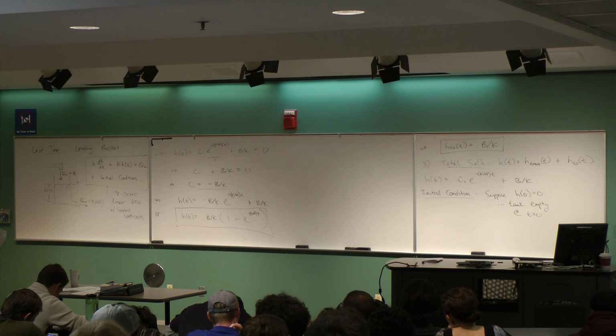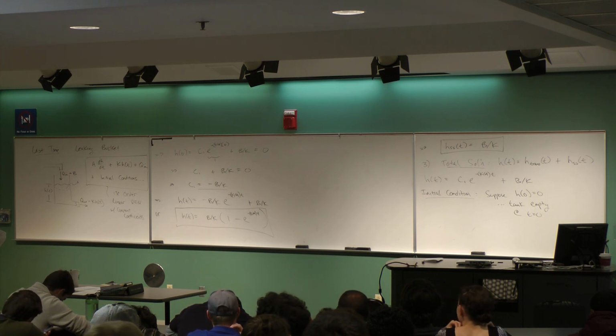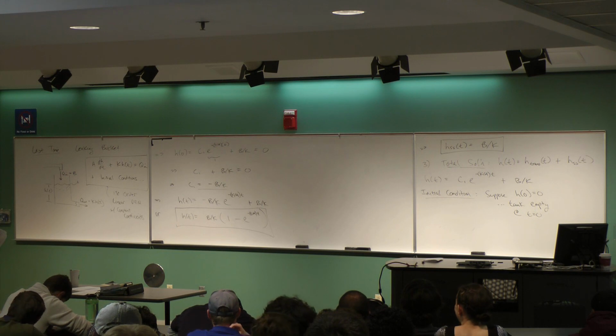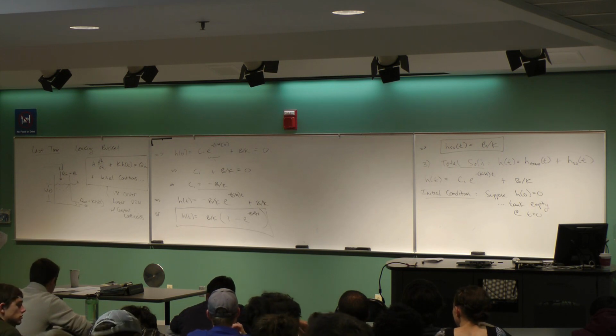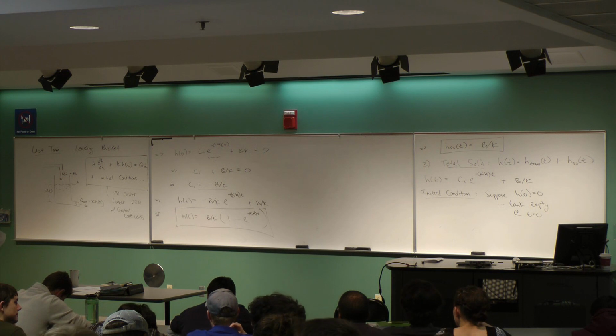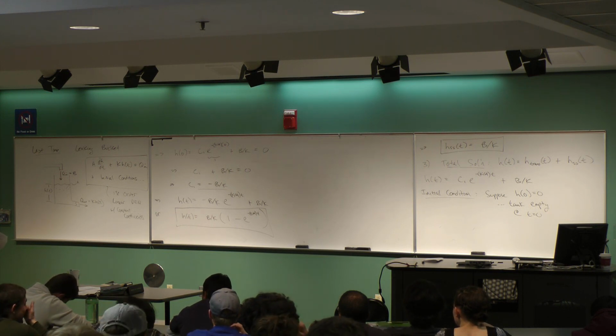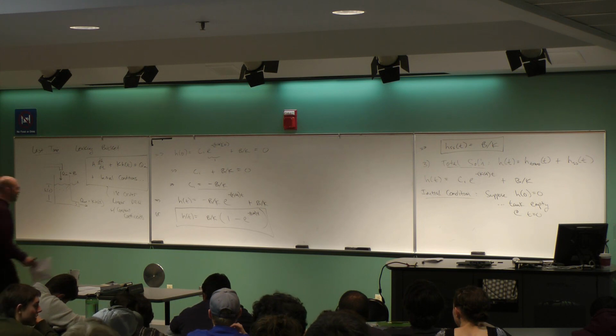How do you know it's right? Plug it back in. The quadratic equation is ax squared plus bx plus c equals 0. When you plug it back in, you should get 0.